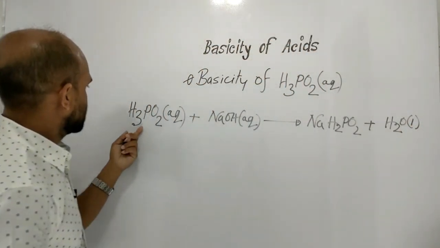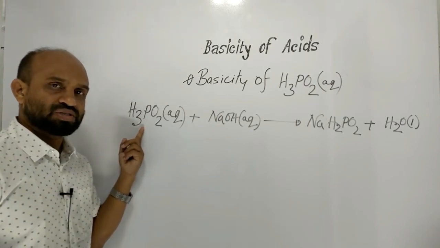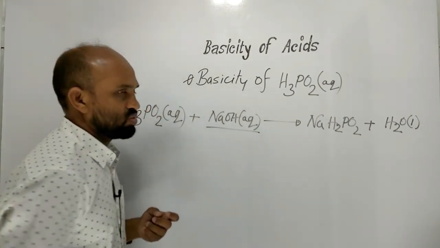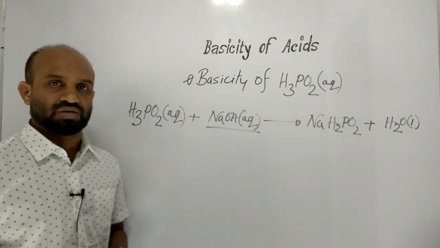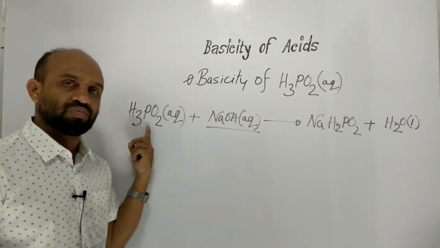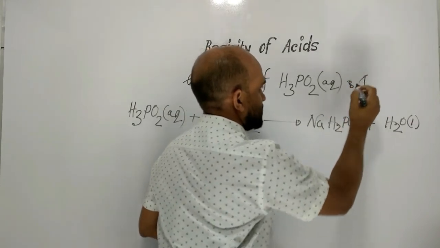Here 1 mole of hypophosphorous acid neutralizes 1 mole of sodium hydroxide. That is why basicity of hypophosphorous acid is 1.